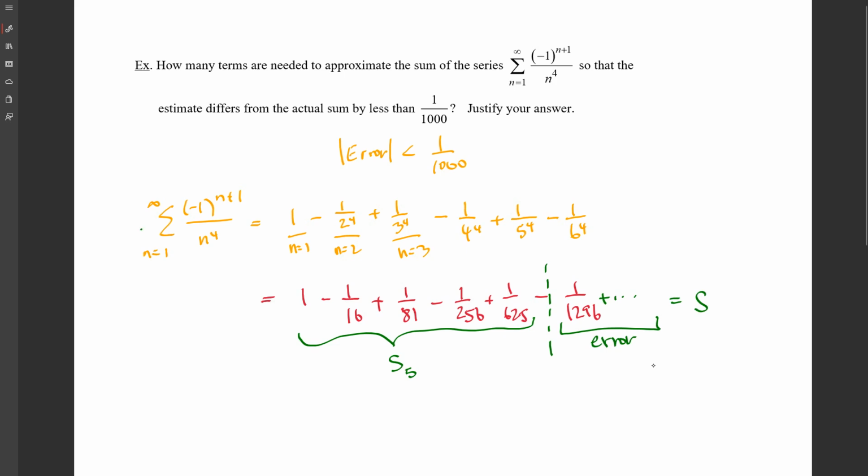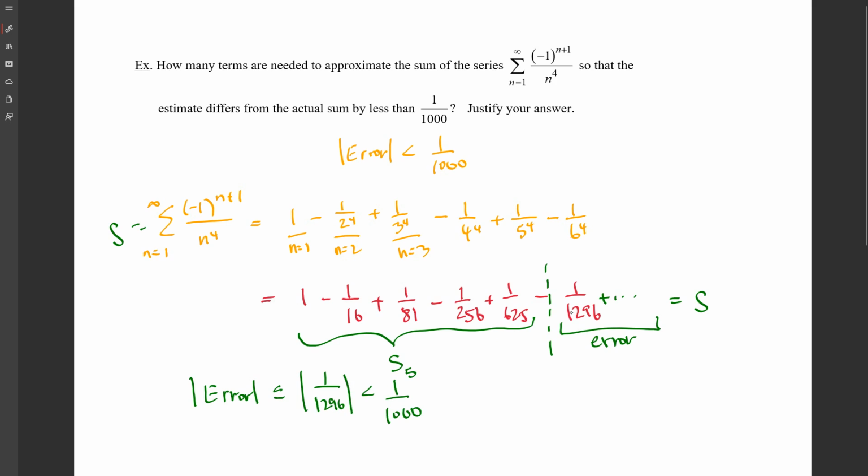And so what this is saying is that my remainder, I call it error, but you can put remainder if you want, my error is less than or equal to the absolute value of the next term. So if I stop at S5, then my error is less than or equal to the absolute value of 1 over 1296, which is less than 1 over 1,000.